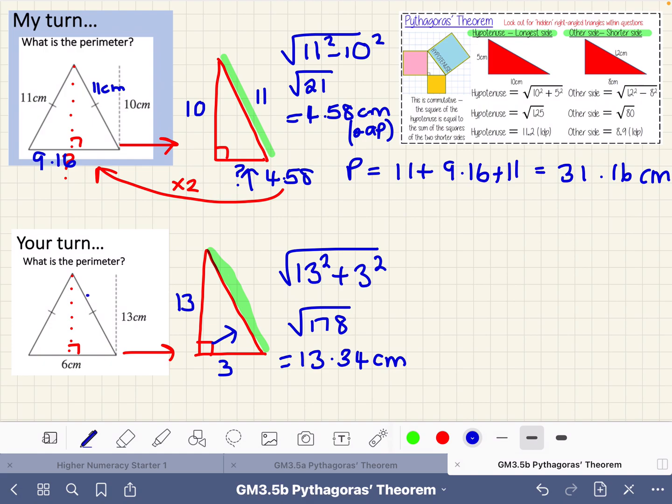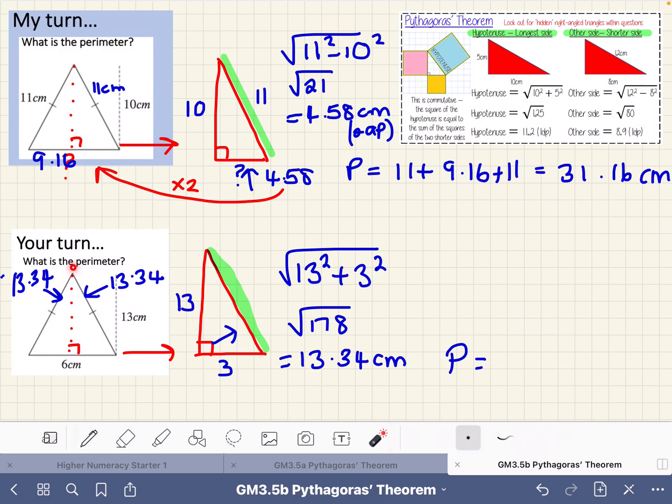That means this side is 13.34. That side is also 13.34.